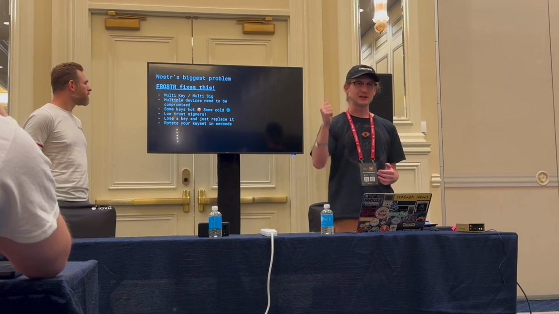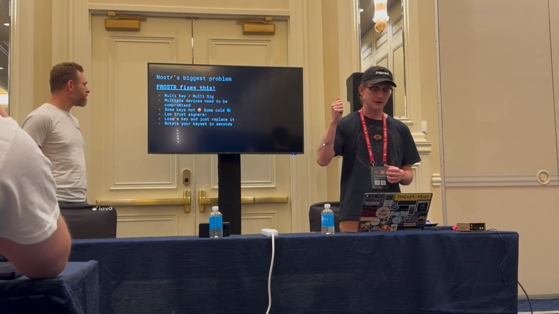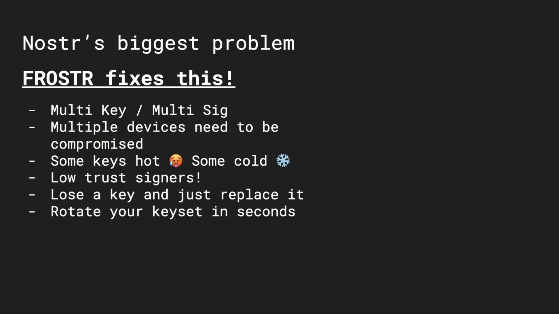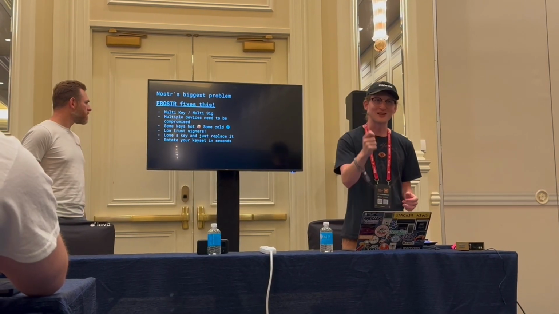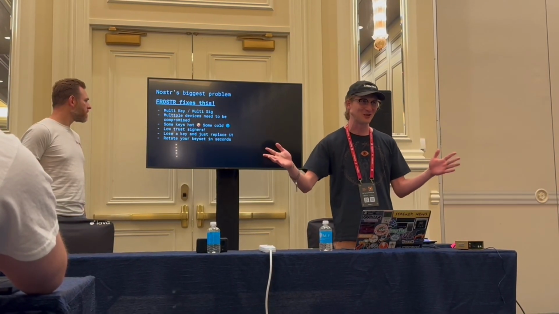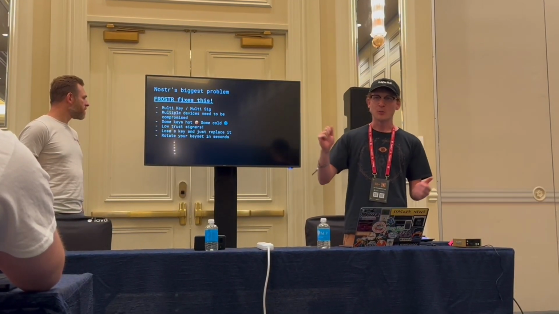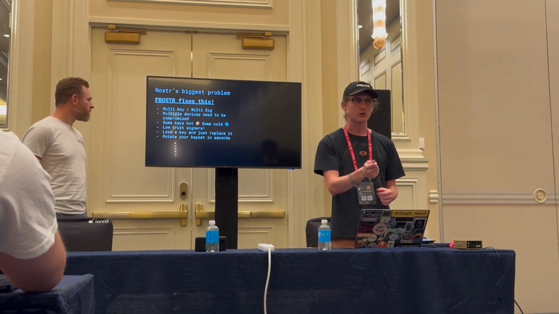And FROSTR fixes this, flipping all these on their head. FROSTR is multi-key, it's multi-signature. Multiple devices need to be compromised. Some keys you might keep hot on signers, some keys you might keep cold. It's whatever your threat model is. And then you have low trust in signers. The signer environment may still be a little bit sketchy in Nostr, but you don't need to trust those signers to the same degree.